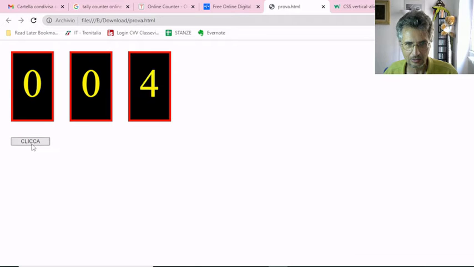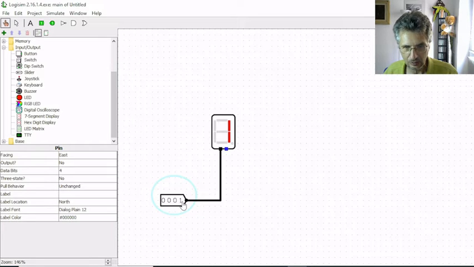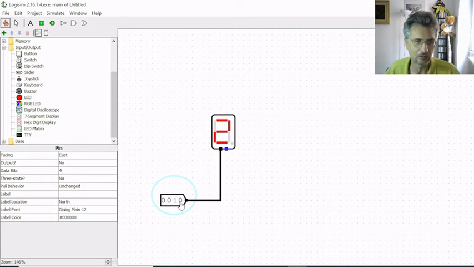When I reach the number 9, I don't have any more digits, and so I have to put a 1 here and 0 here. So in this case, I don't have any digit, and so I have to write 1, 0, which is not ten, of course, it is 1, 0, and in binary numbers, 1, 0 is 2.